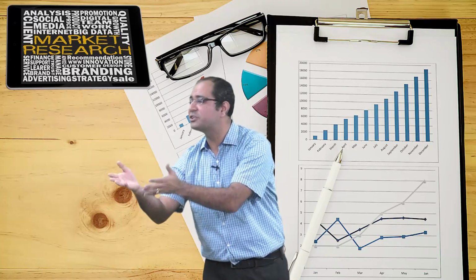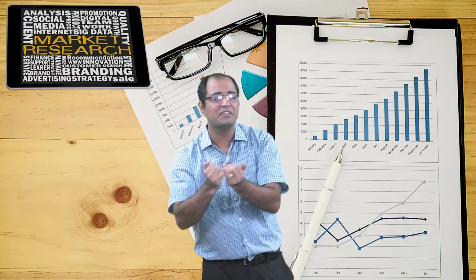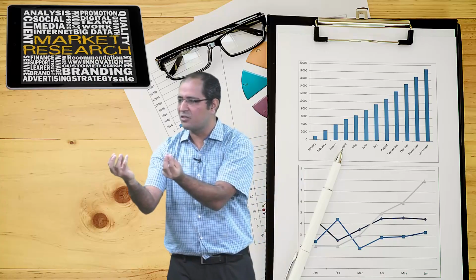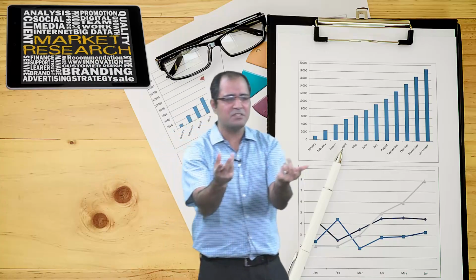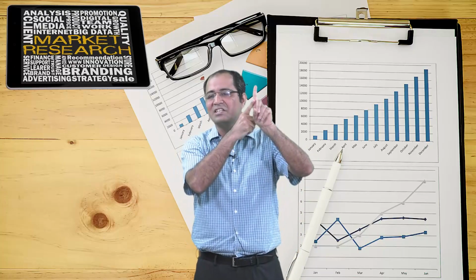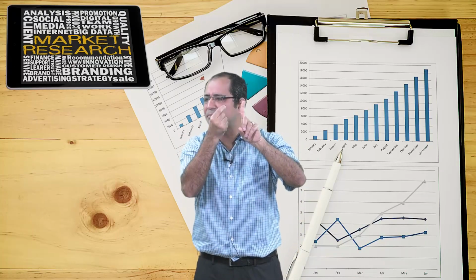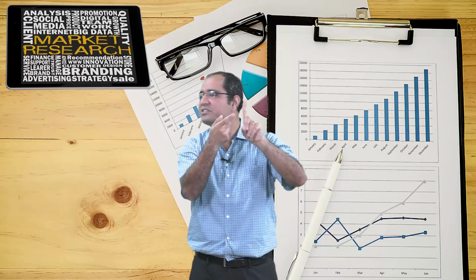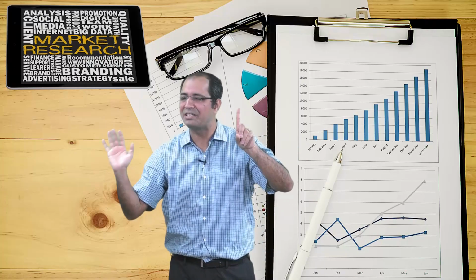And what constitutes theory? Theory has certain concepts, ideas or variables. Three things. One, theory has certain concepts, ideas, variables that are defined precisely.